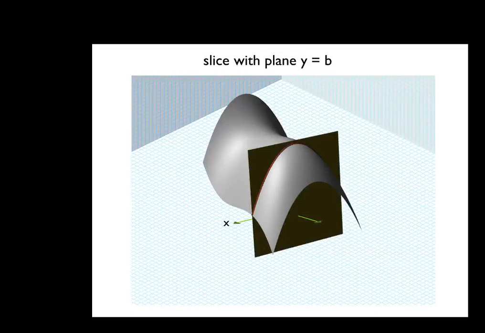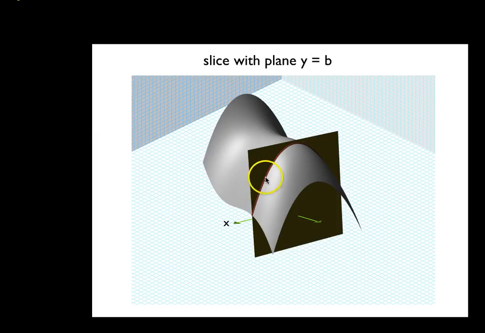This represents a plane, y equals b. The plane is parallel to the xz plane, but it's at the y value b. So all of the values on this plane have y equal to b.